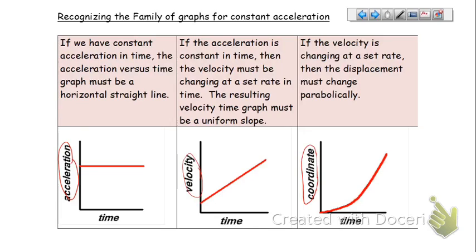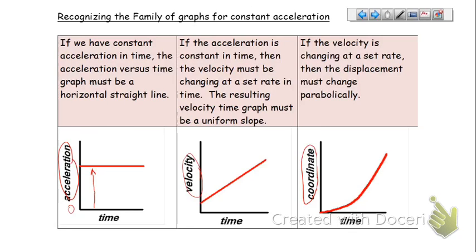And here's the issue. When I have a constant acceleration, it means that I am changing my velocity by a constant amount each second. In this case, this is 0 down here. This is a positive acceleration. And so that means I'm adding a positive velocity value onto my velocity each second.